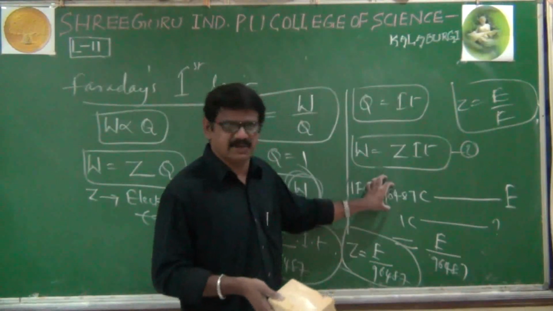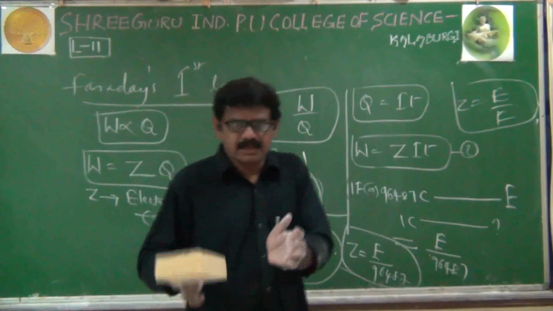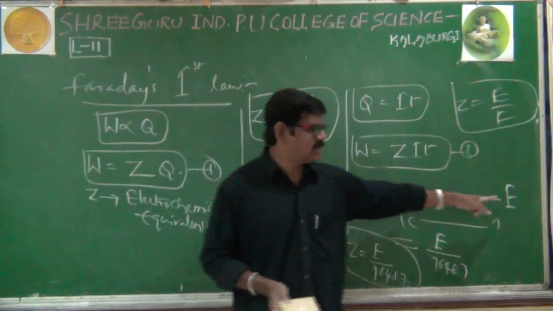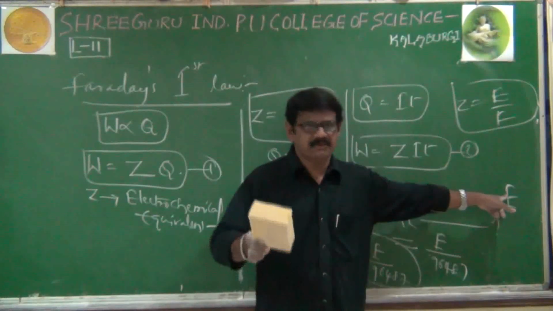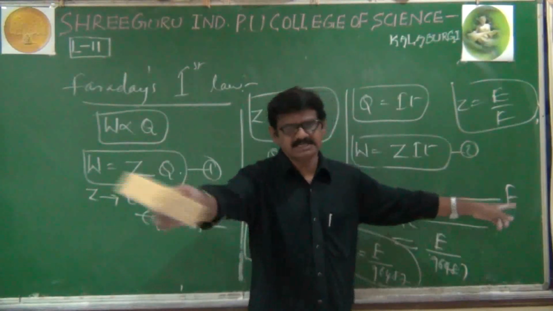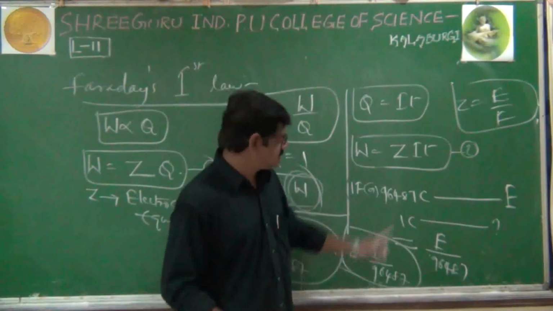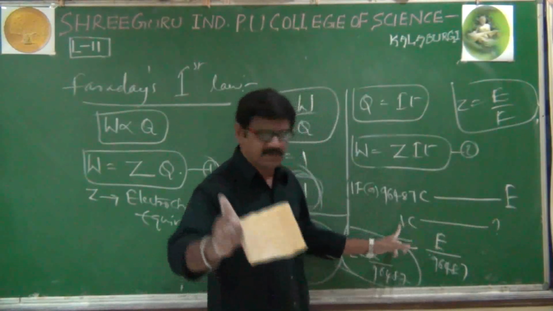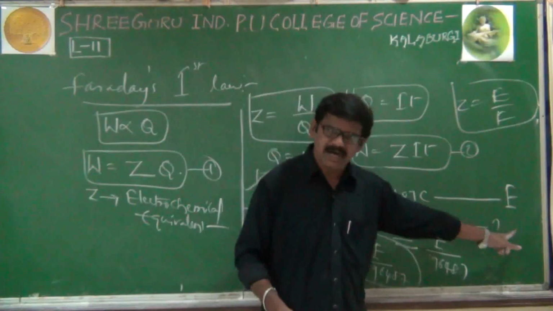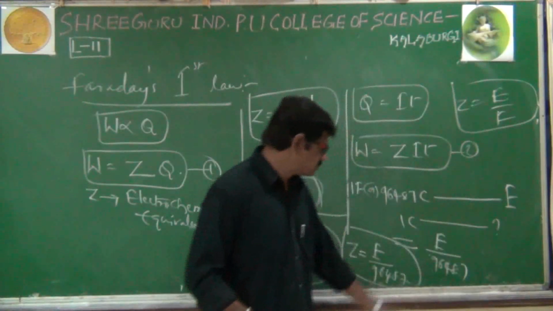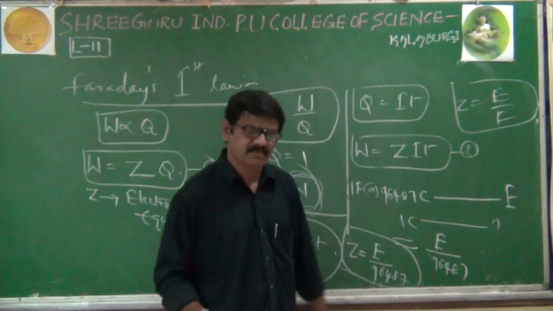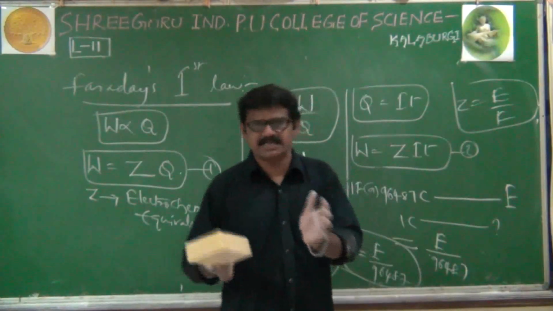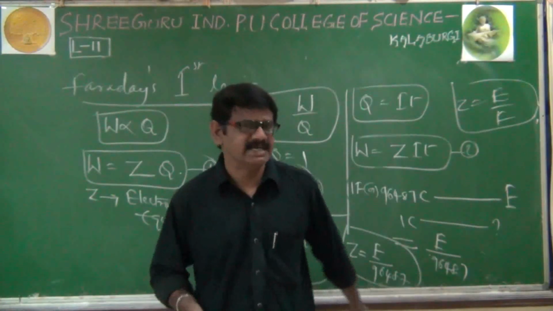If you send this much fixed current into an electrolytic cell, the amount of substance deposited is fixed, that is its equivalent mass. But if I send only 1 coulomb, the mass deposited is E by 96,487.